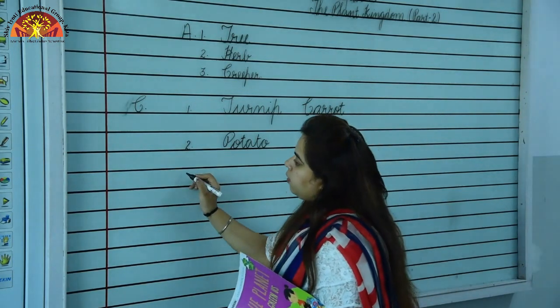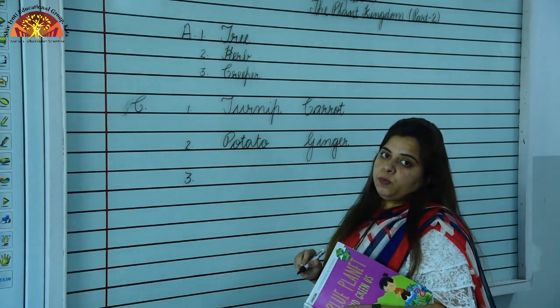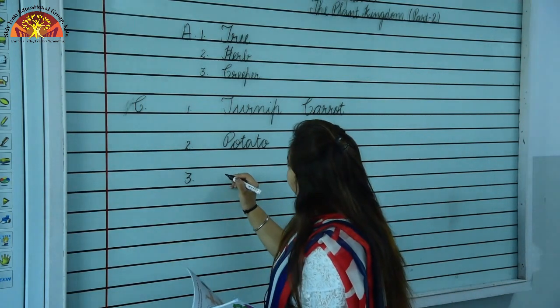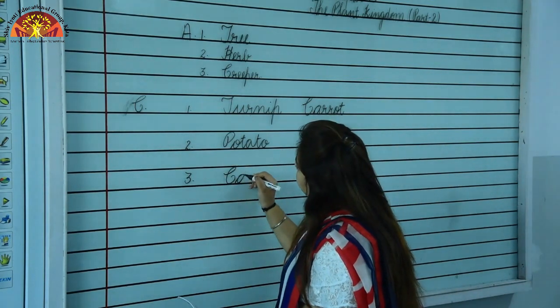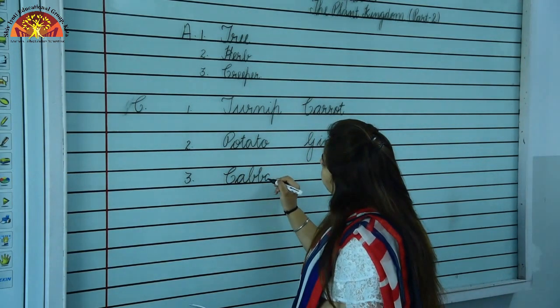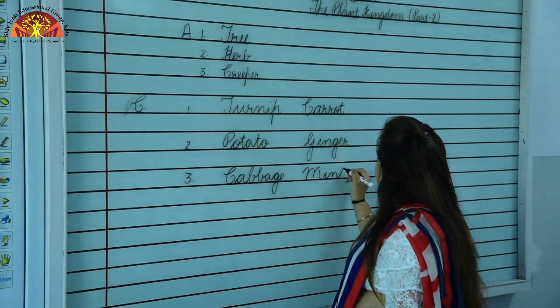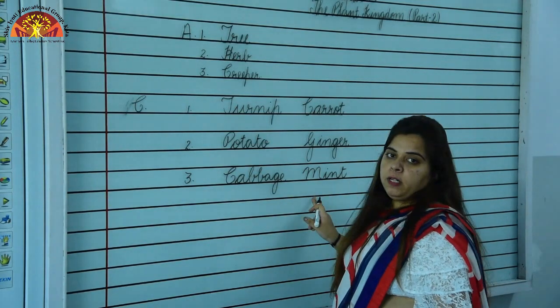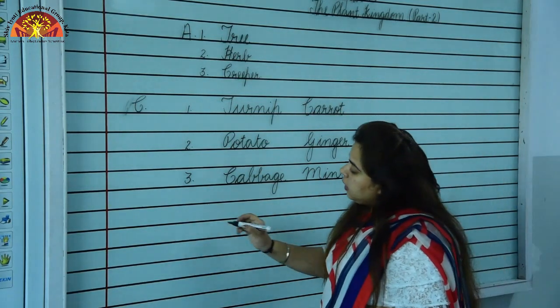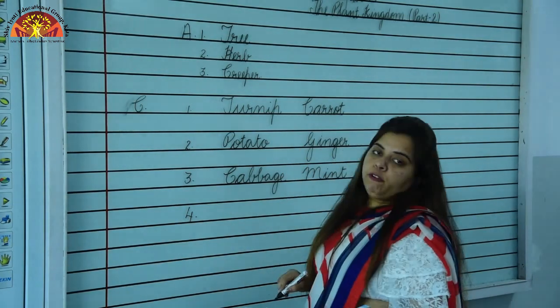G-I-N-G-E-R, ginger. Number 3, leaves that we eat, cabbage and mint. C-A-B-B-A-G-E, cabbage. M-I-N-T, mint. C and M will be capital. Number 4, fruits.